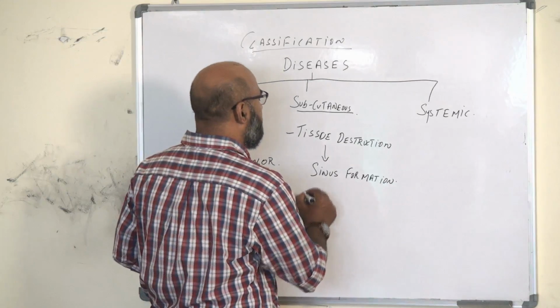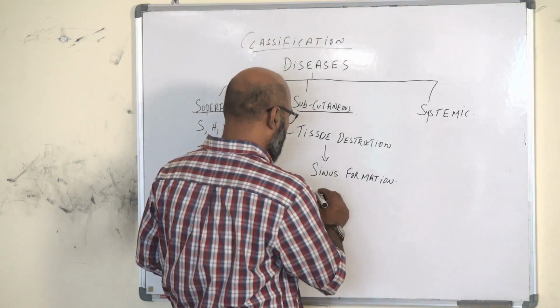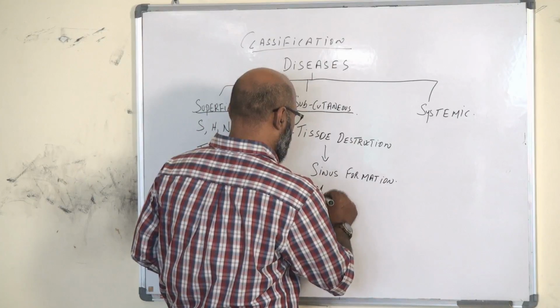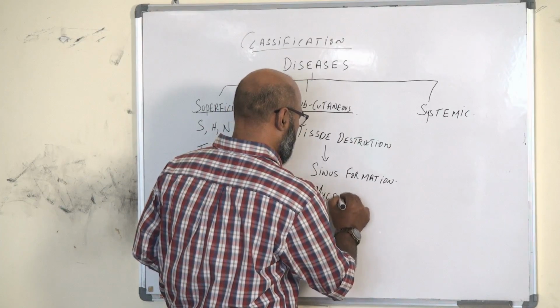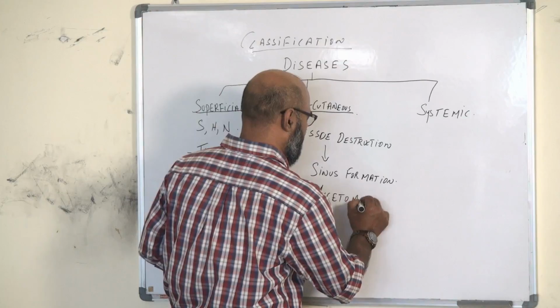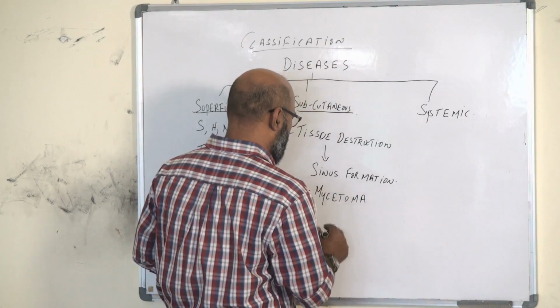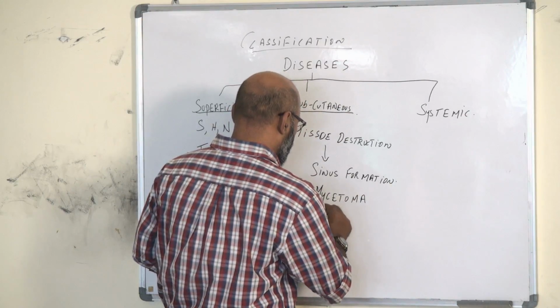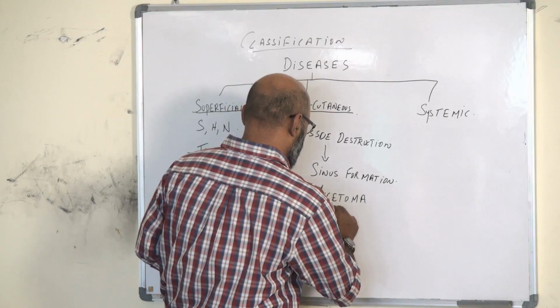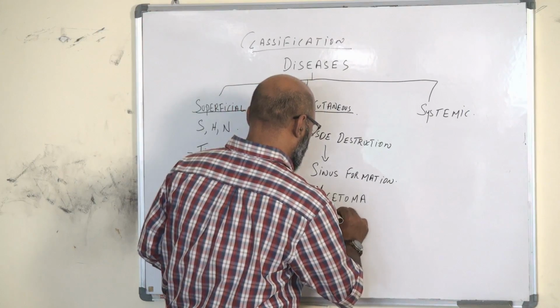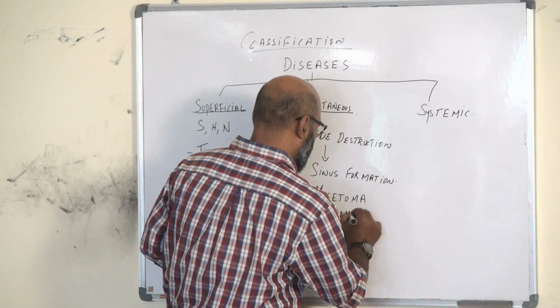Examples of this subcutaneous are the mycetoma, number 1. Second one, chromomycosis.